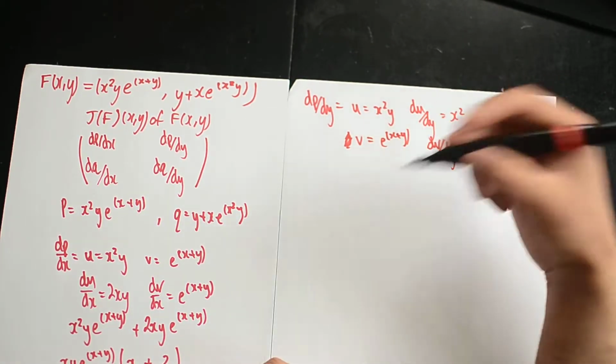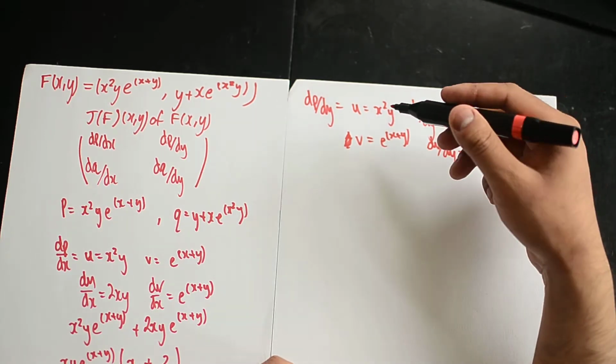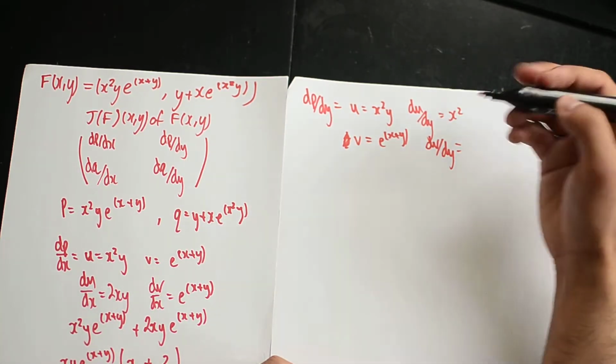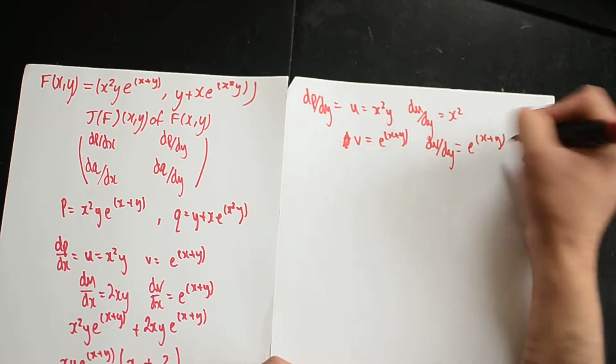It's exactly the same using the chain rule. We substitute t equals x plus y. X plus y differentiated would be 1 plus nothing, because x is obviously a constant, so it would be exactly the same. It would be e^(x plus y).